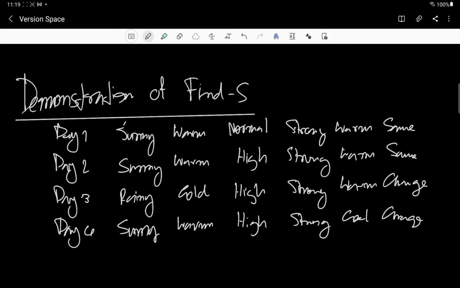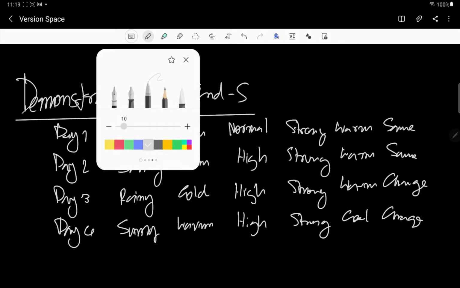Once we know what the Find-S algorithm is, and we have a set of examples, it's time for us to work with this algorithm.